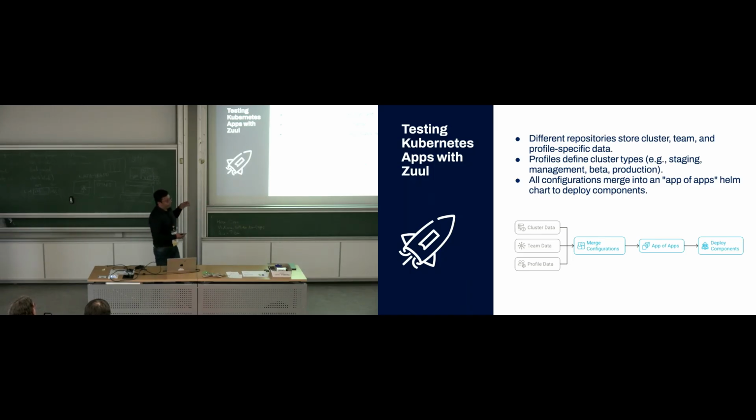When a developer decides that, okay, I need to release a change, we add a release tag in our commit, and that triggers a pipeline which merges all the components and creates a final app of app Helm chart, which is then used to test everything put together in a new Kubernetes cluster.